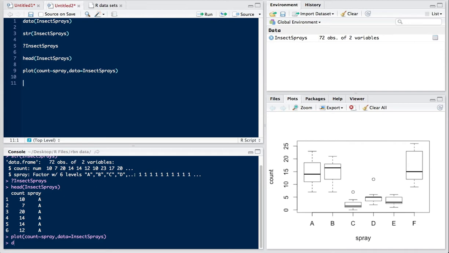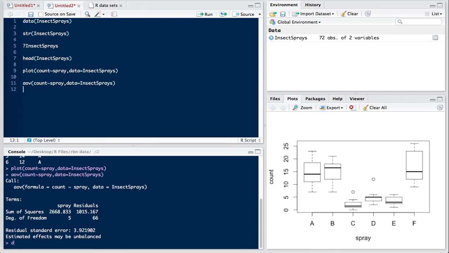So what we're going to do is just to call aov, that's the function to do an analysis of variance, and our call is going to be very similar to the plot command that we have just up above there. And I run that, and I get a little bit of information here. I get some information on the sum of squares and information on degrees of freedom, but I don't really have a whole lot of information here that tells me whether or not there's a significant difference among those means or not.